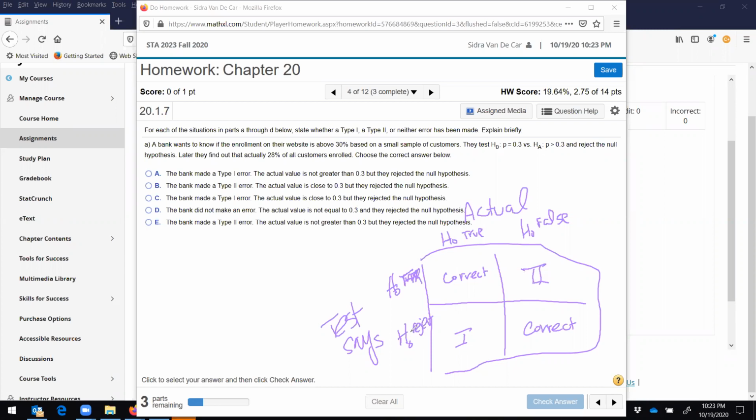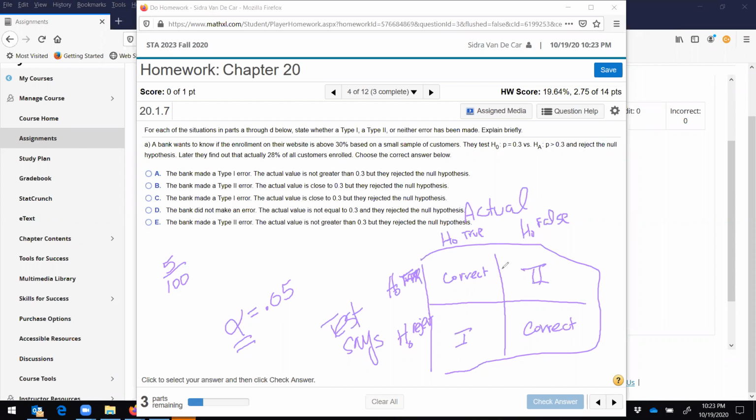Our type 1 error is when we reject the null hypothesis when it's really true. And the probability of doing a type 1 error is alpha. That's why we set the significance level at that point. If I say alpha is 0.05, I'm willing to accept that 5 times out of every 100 I run this experiment, I might accidentally reject the null when it's really true, right?